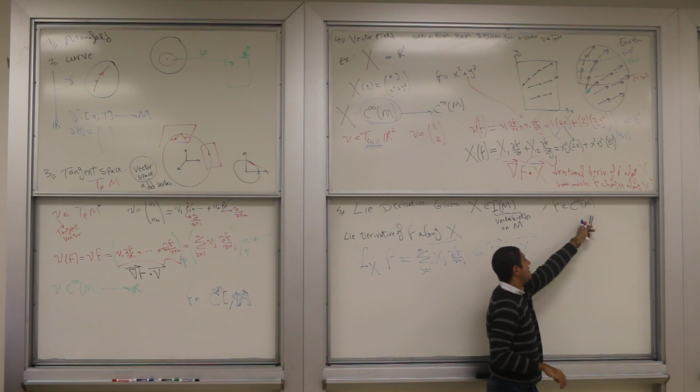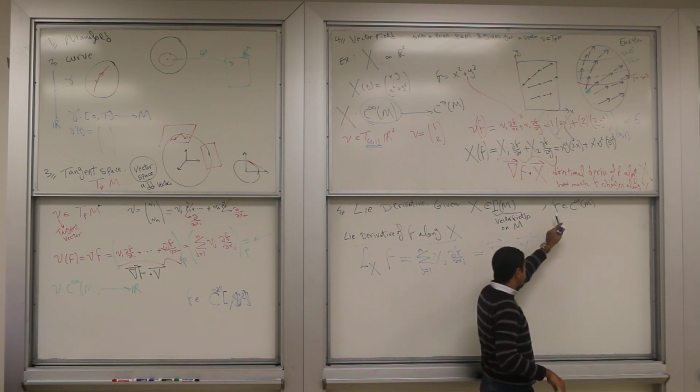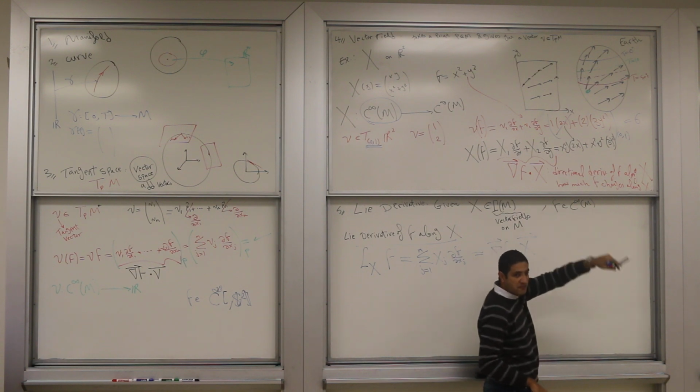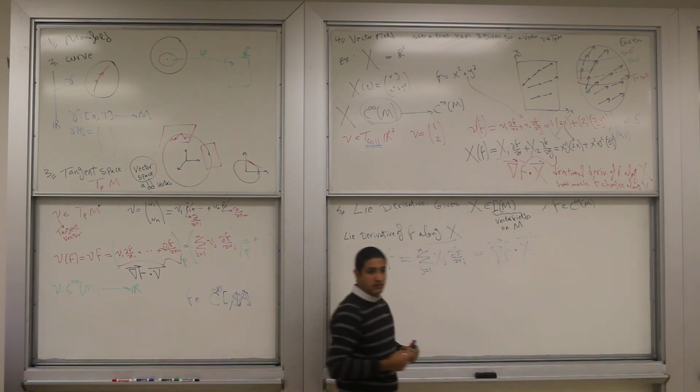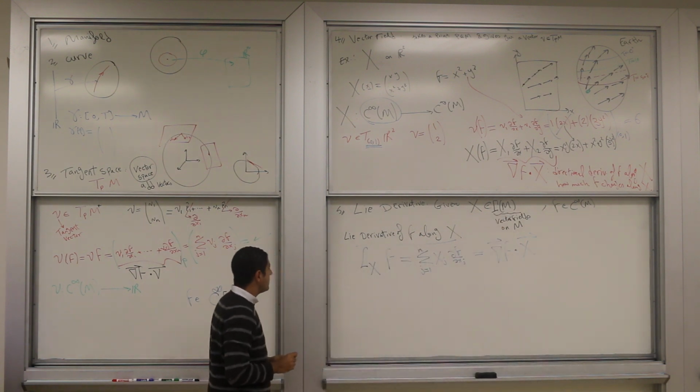What's C infinity M? It's the set of all smooth functions on M. So when I'm trying to say, let f be a smooth function on M, I just write it like this. It's a language, more than anything else.